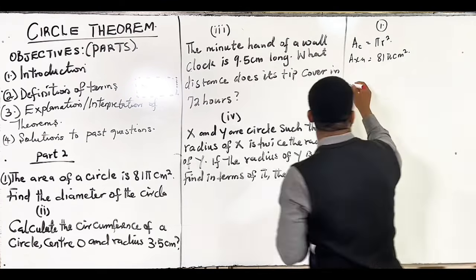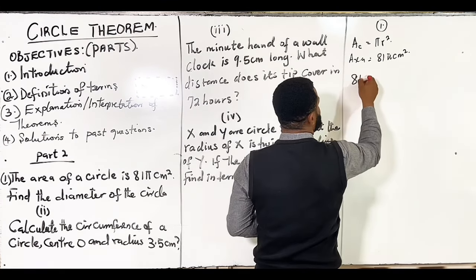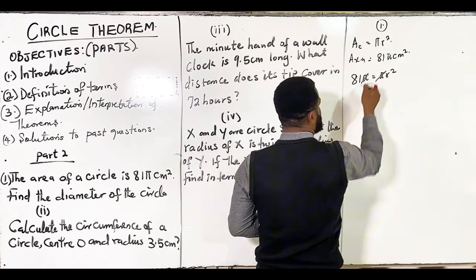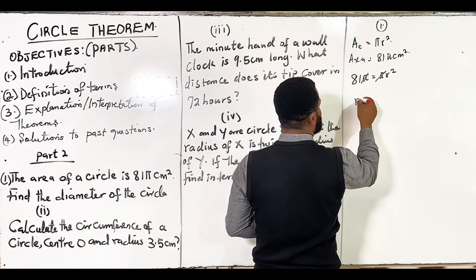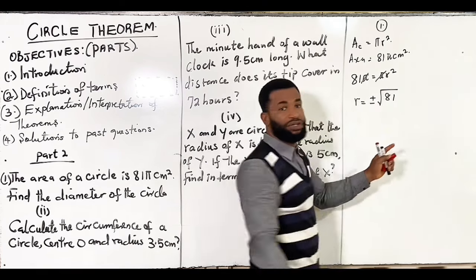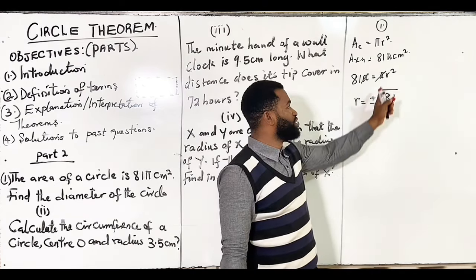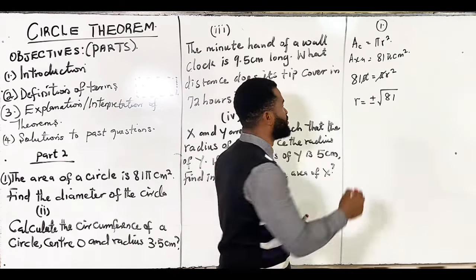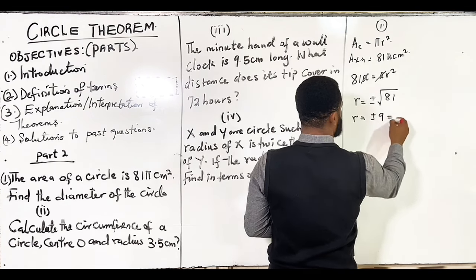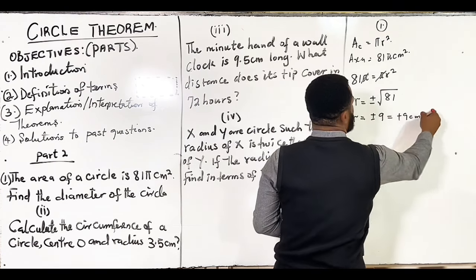So 81 pi equals pi r squared. Pi will cancel pi, right? We say that r is equal to plus or minus the square root of 81, because the square will go and become a square root. So r is equal to what? Plus or minus 9, which is simply plus 9.